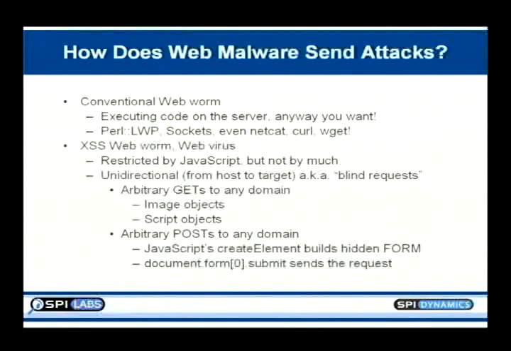So this is basically a blind request. That's not entirely true. This is how Jeremiah at WhiteHat, myself, and other people at SPI were able to figure out how to port scan. Because you don't get the full response back, but you do get some error codes. I can basically make arbitrary HTTP GETs to any domain on the internet from JavaScript by instantiating an image object or a script object.